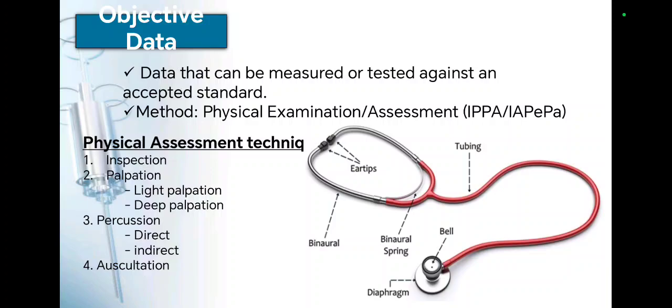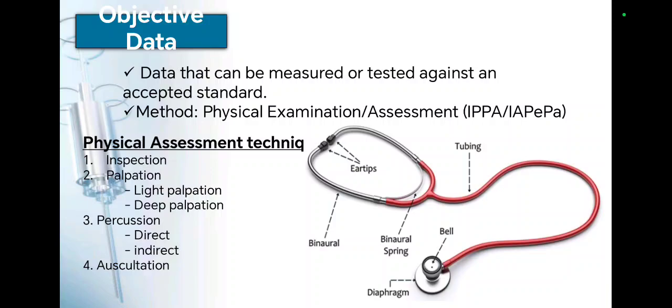Now, we have different characteristics of percussion sounds. Namely, it can be dull or dullness. It can be hyper-resonance. It can be resonance. It can be tympany. And it can be flat. Now, if we were to differentiate these 5 characteristics of percussion sounds, flat is usually heard when we percuss muscles or bones, okay?